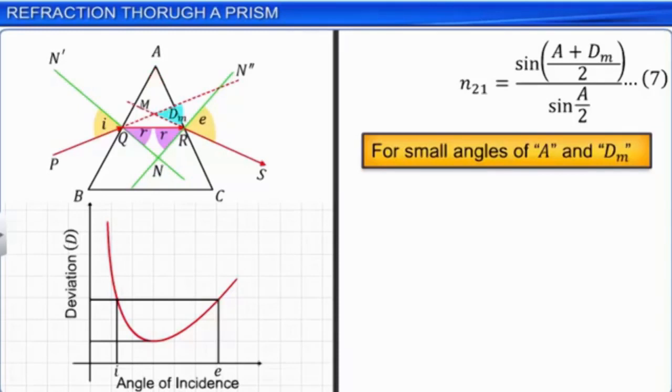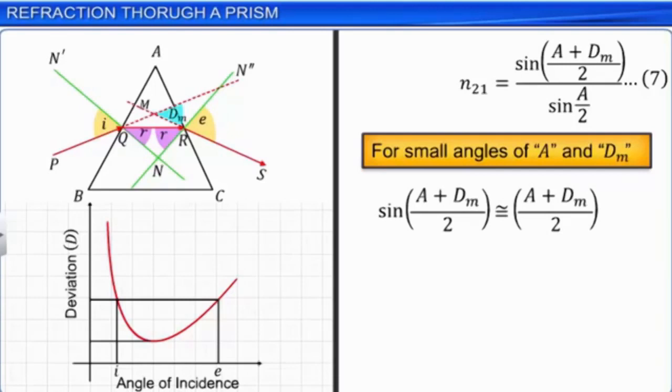Substituting these values in equation 7, we get n21 is equal to (A plus dm) by 2 divided by A by 2. On simplification, we get dm is equal to A into (n21 minus 1). Therefore, for prisms of small refracting angles, minimum deviation is small and is independent of the angle of incidence.